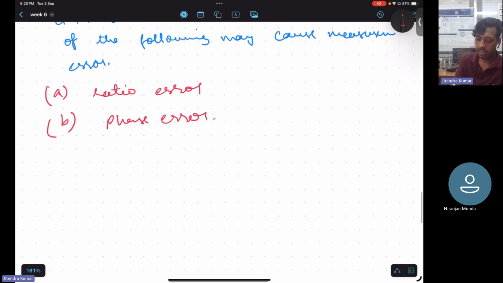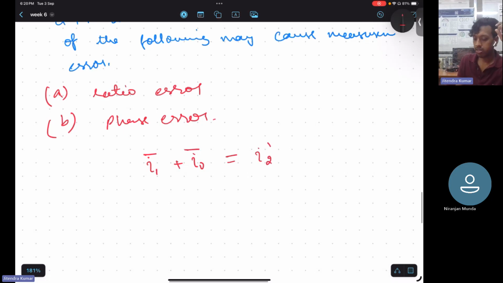Yes. So basically, I1 plus I0 is equal to I2 dash, right? I1 will have some angle, let's say theta 1, plus I0 will have some other angle, theta 2, and this I2 dash will have some other angle, theta 3.